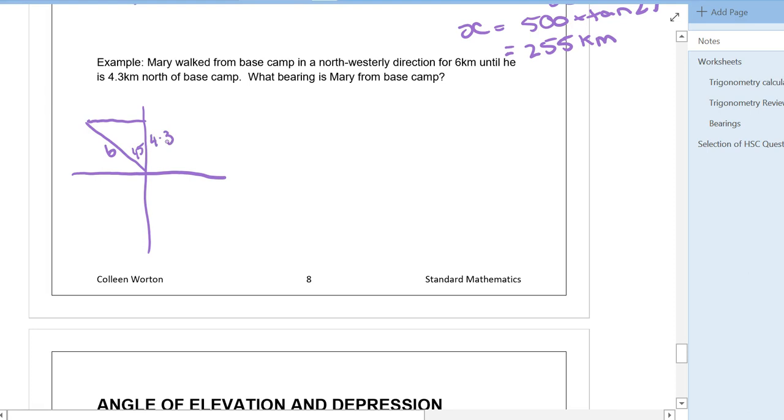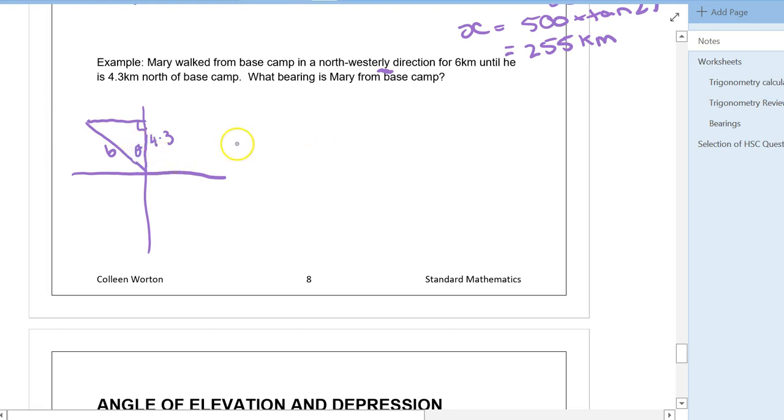What bearing is Mary from base camp? Oh, a northwesterly direction. Sorry. They're telling us that it's a northwesterly, not northwest. So I can't write that that's 45. But I do need to find that angle.